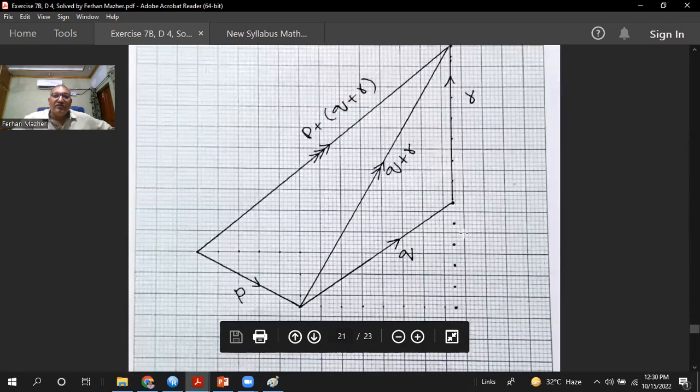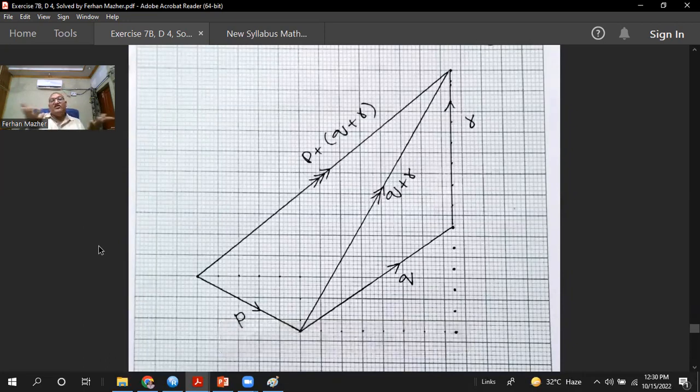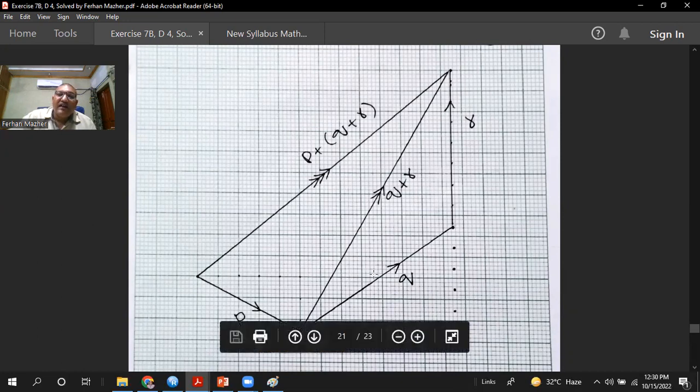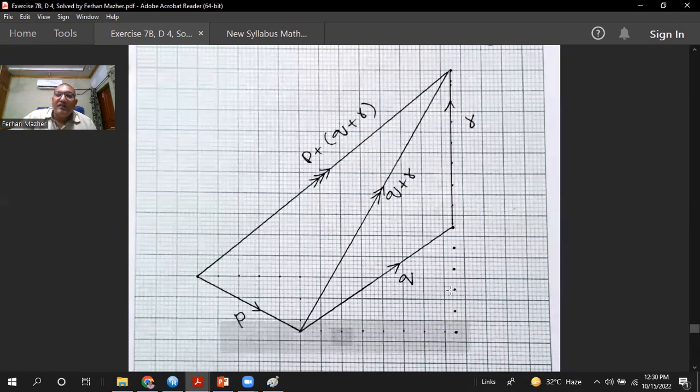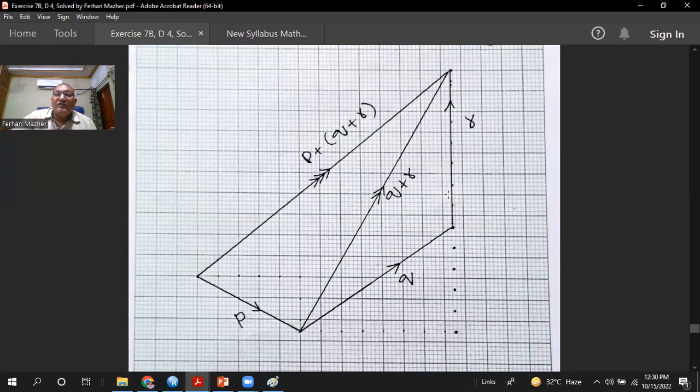So let me show you. Now you can see more clearly. So this is how it is done. If you count the final resultant here, 1, 2, 3, 4, 5, 6, 7, 8, 9, 10, 11, 12, 12.5, and how much do you go up? You went up 1, 2, 3, 4, 5, 6, 7, 8, 9, 10.